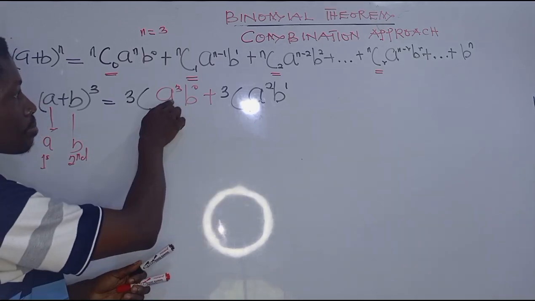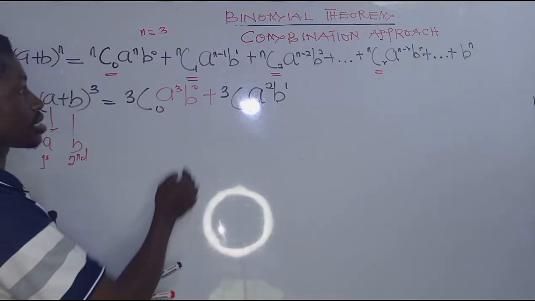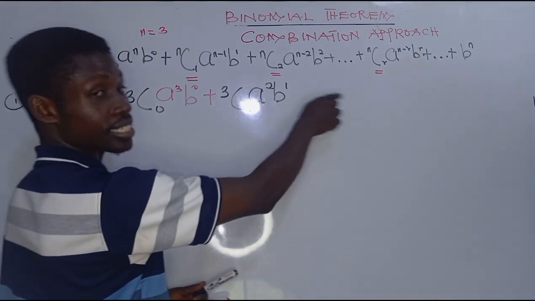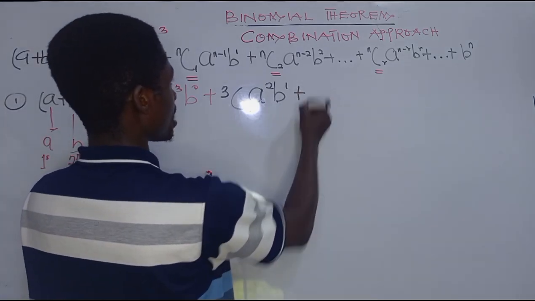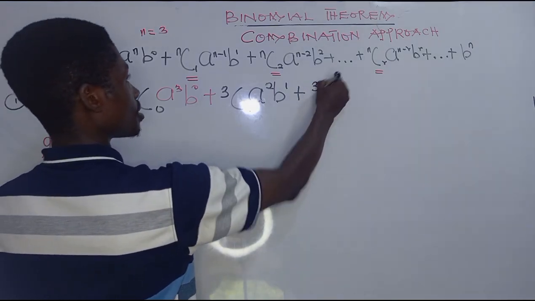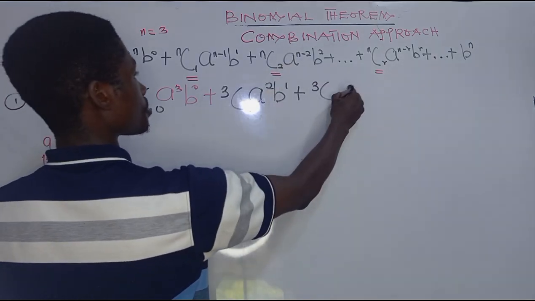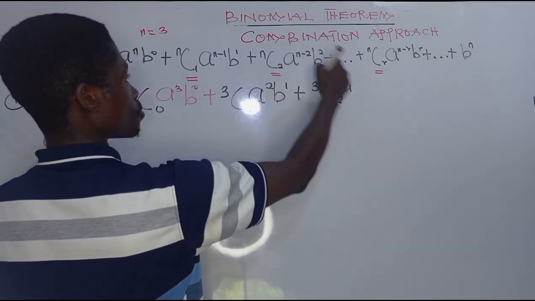After that, the power of the first term decreases in that order, whilst the power of the second term increases. That is all. So we have our plus. So we have n is 3, combination 2. Our A, 3 minus 2 gives us what?